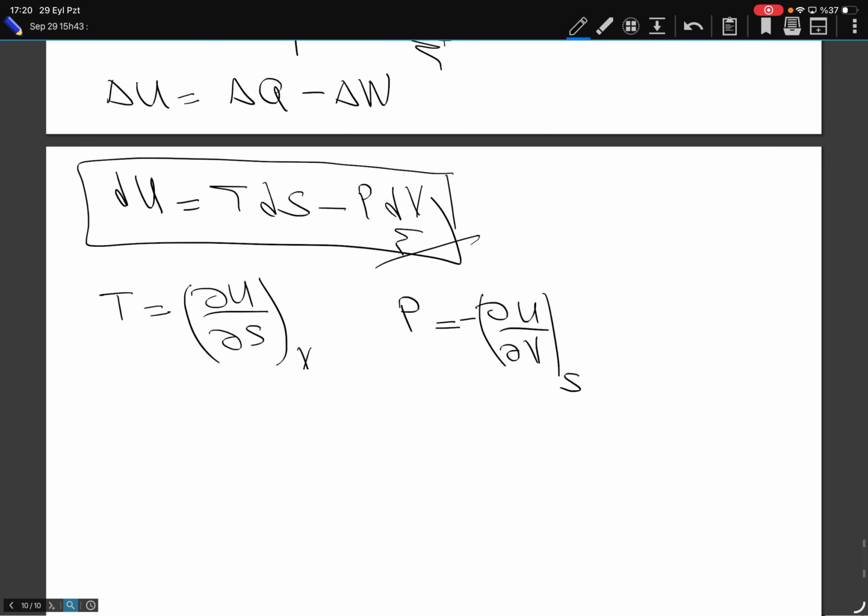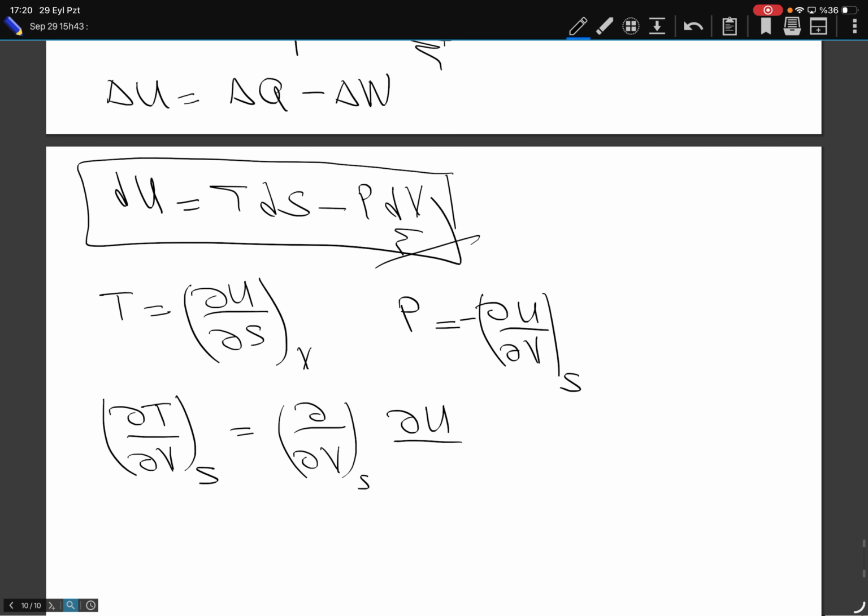Well, let me go one step further. Let me take the derivative of temperature with respect to volume at constant entropy. Well, this will be equal to the derivative with respect to volume at constant entropy of the derivative of internal energy with respect to entropy at constant volume.